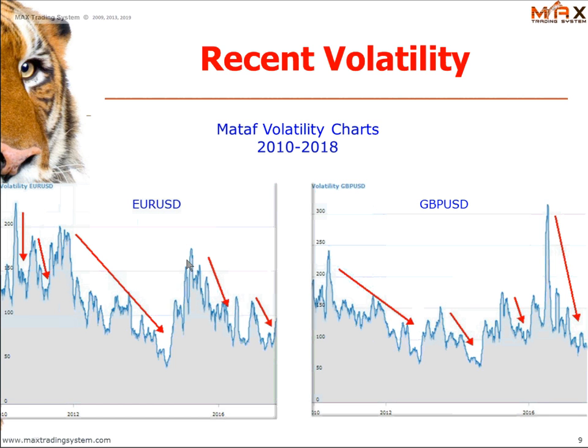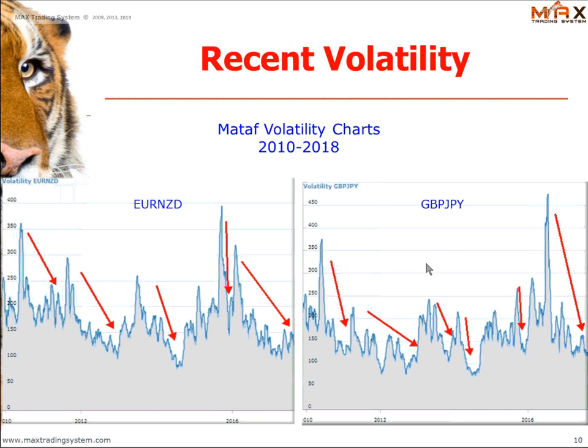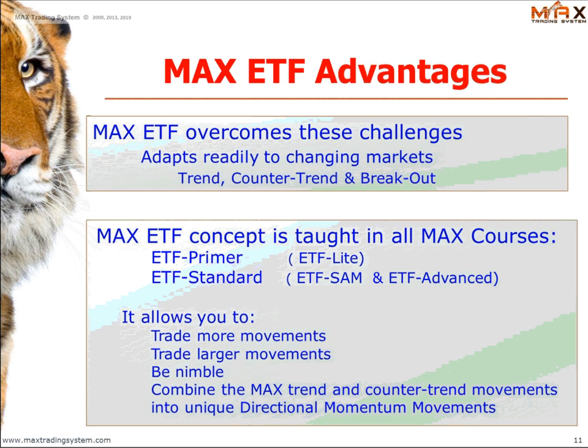Of course, sometimes we have an important increase in the momentum and in the volatility, but they are mainly decreasing. And for the moment, for some pairs, the average daily range is very, very small. This is not only true for the majors, it is also true for the other crosses. So this is a phenomenon we are observing over a rather long term, and this is the reason why we have introduced that ETF concept.